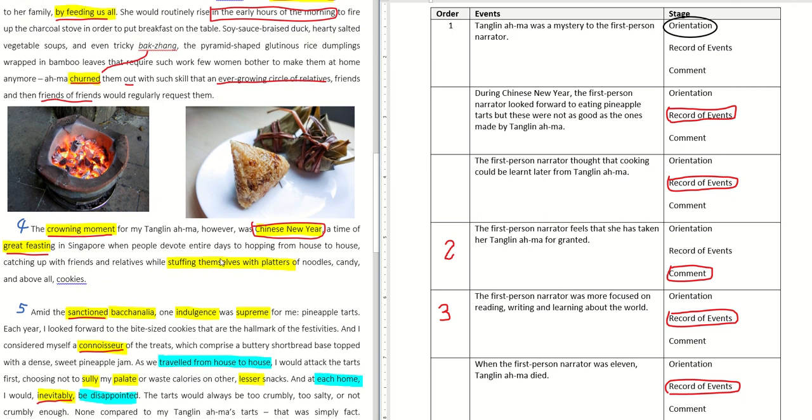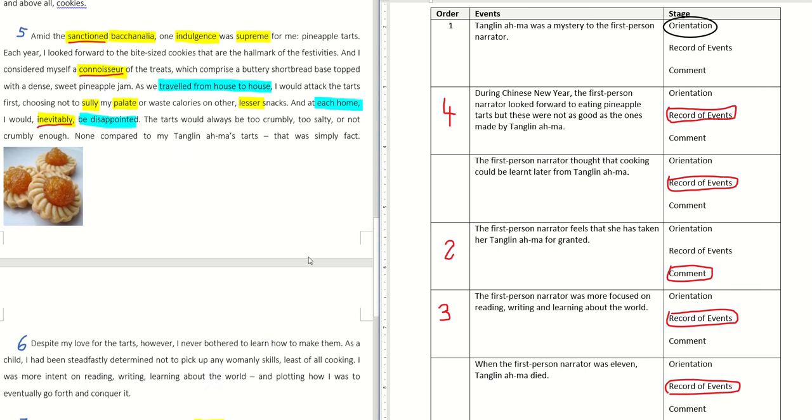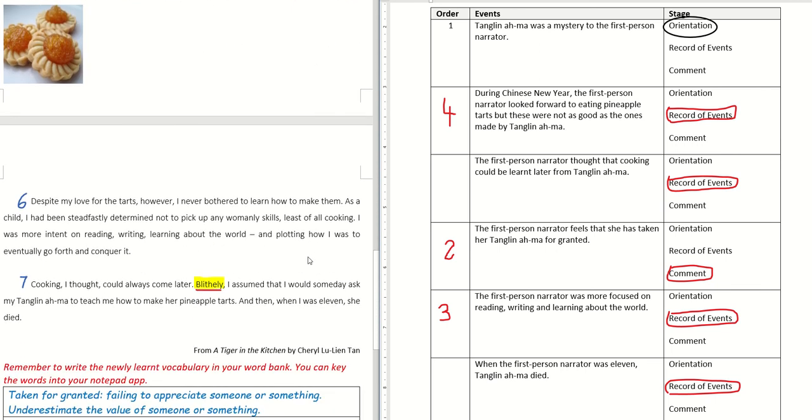Okay, Tanglin Ama cooking, Chinese New Year is here. Okay, Chinese New Year. And then last part. Okay. More intent on learning about the world, right? Sorry.